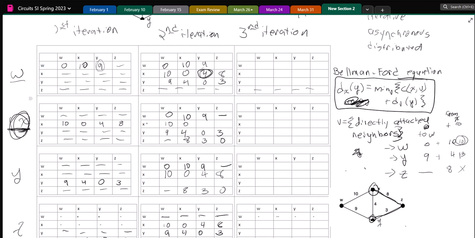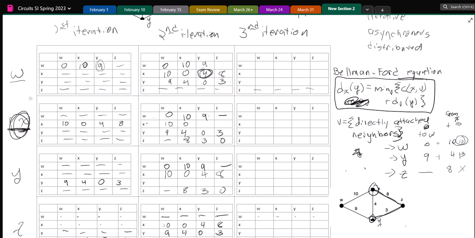Is there a less expensive way to get to y? Well, let's look at how much it costs to get to y from the other nodes. To get to y from w is 9. That's not less. To get to y from z is 3. That is less. Okay, so maybe we can use that one.